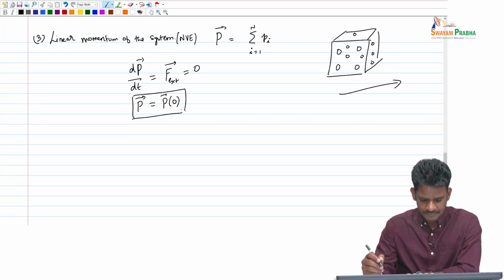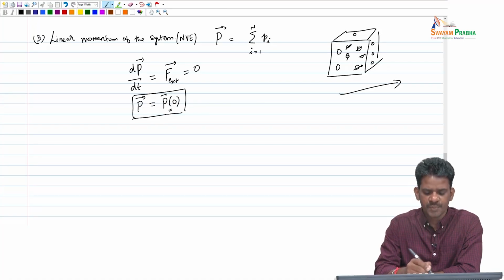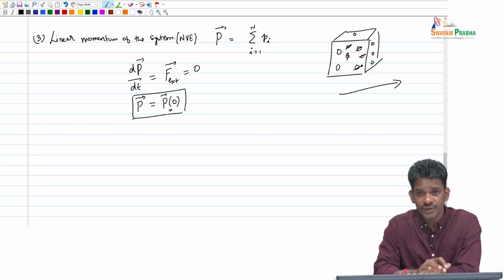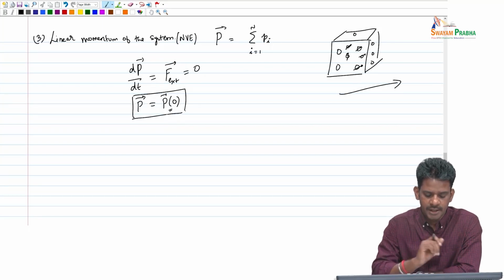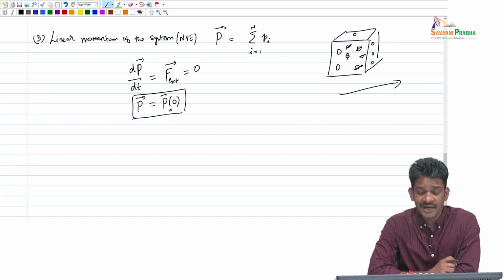That is, when you initialize the system with particle positions and momenta, you would have given certain momenta for each particle, and that gives the initial linear momentum of the entire system, and that value remains constant throughout the system's dynamical evolution. That is called the conservation of linear momentum. Now the question is whether this property is violated or not while applying the periodic boundary conditions.